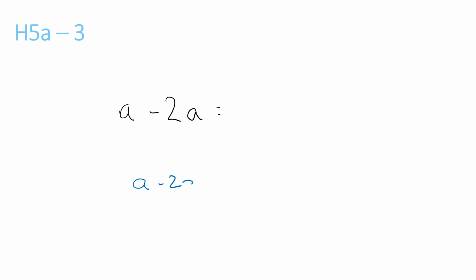A minus 2a would be the same as 1a minus 2a, so that would be just 1 minus 2, which is negative 1, so negative 1a. But since there's the 1 here, you can just remove the 1 and make it negative a. You can't do it with any other number, only if it's a 1 or a negative 1. So the answer would be negative a.